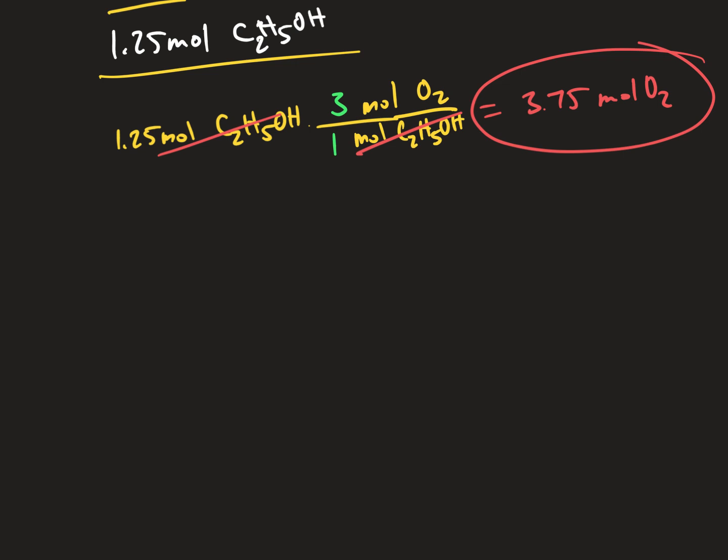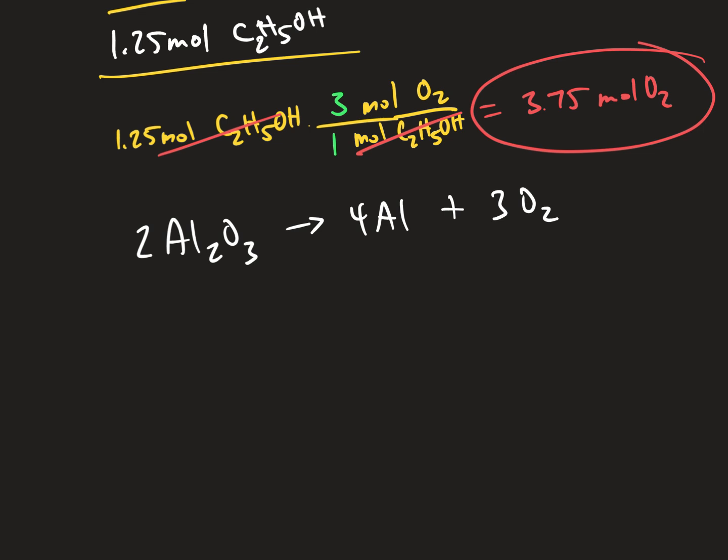All right, so the next thing we got to do is go from moles to mass. So if we have another balanced equation, 2Al2O3 gives 4Al plus 3O2. So we have a balanced equation already.